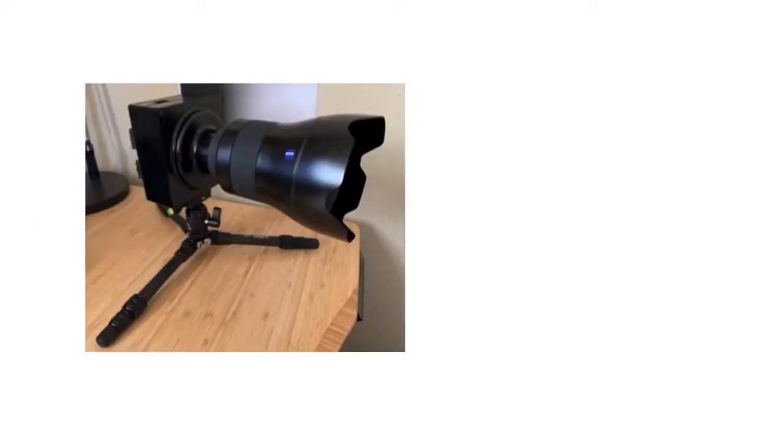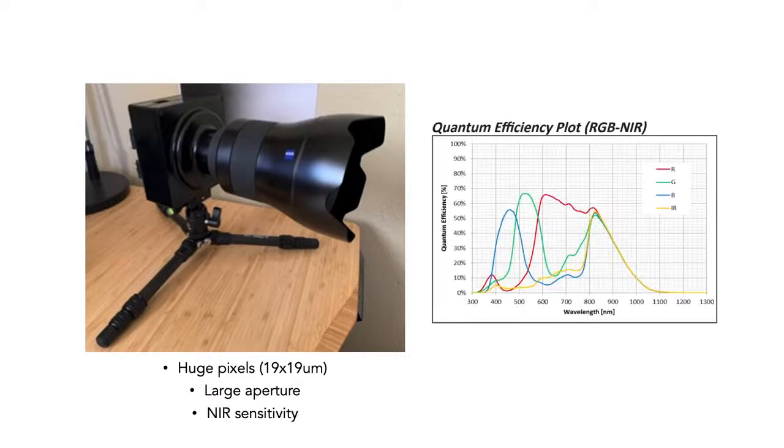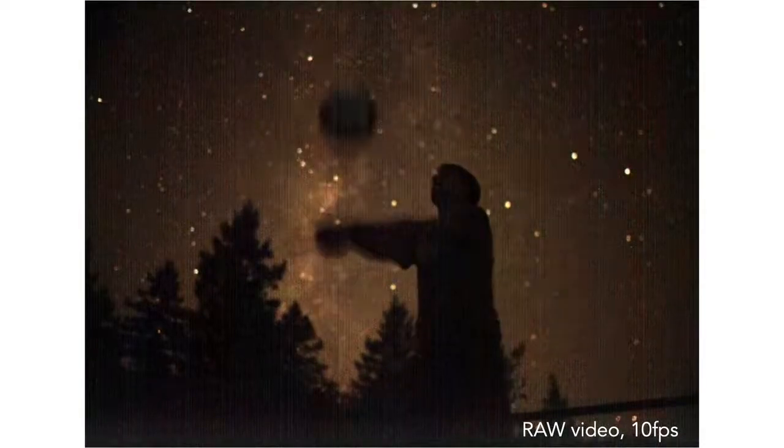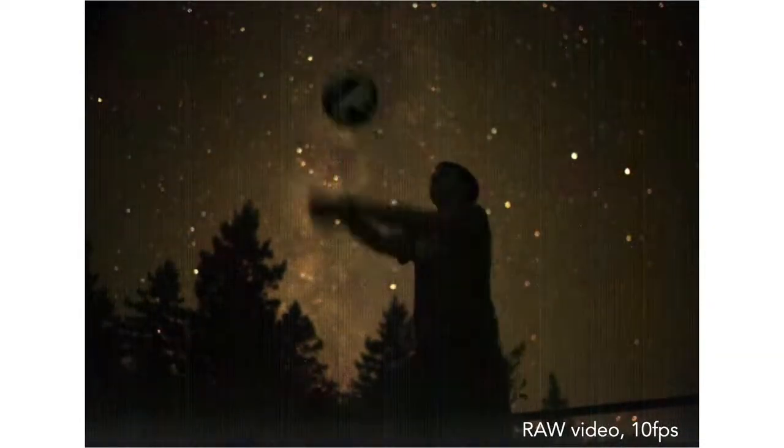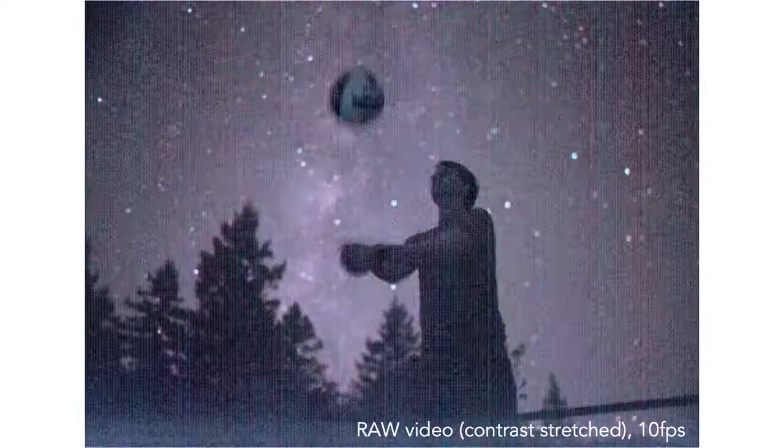To do this, we take a very good camera with large pixels, a great lens, and near-infrared sensitivity, and push it to its limits, setting the camera at its highest gain, where each pixel is as sensitive to light as possible. At these settings, we can see motion by the light of the stars, but it's extremely noisy.